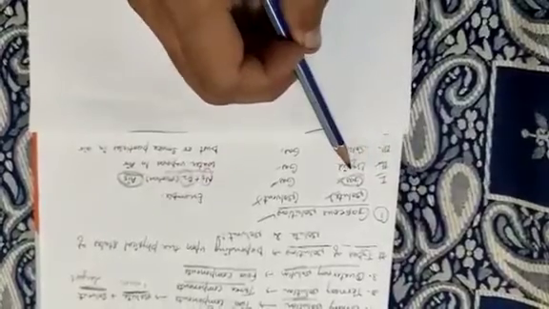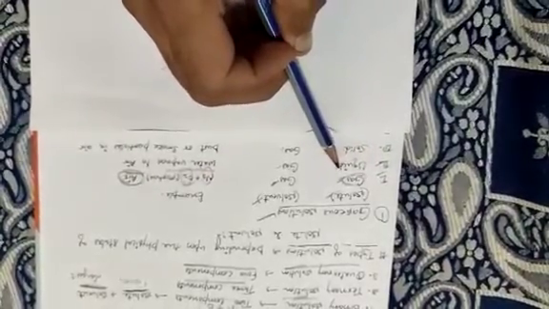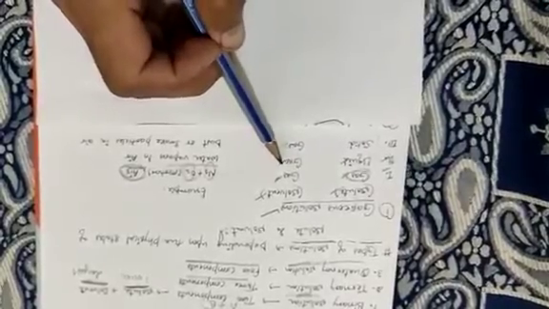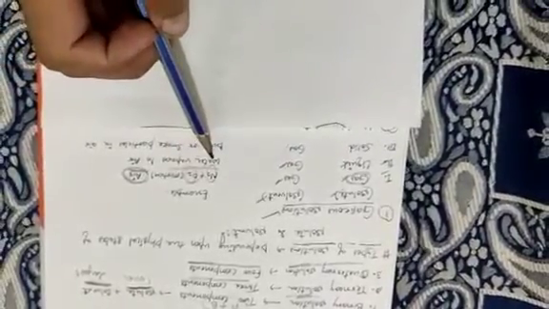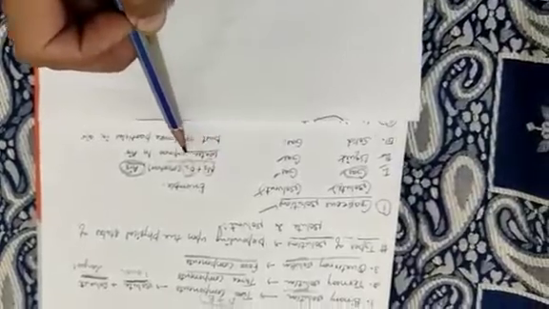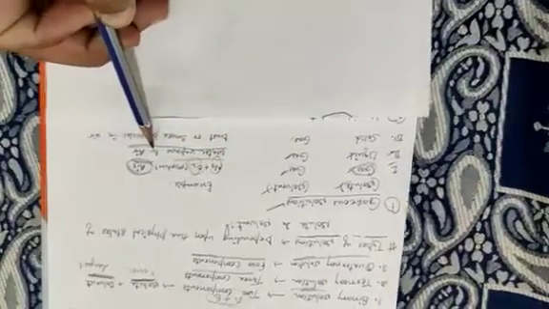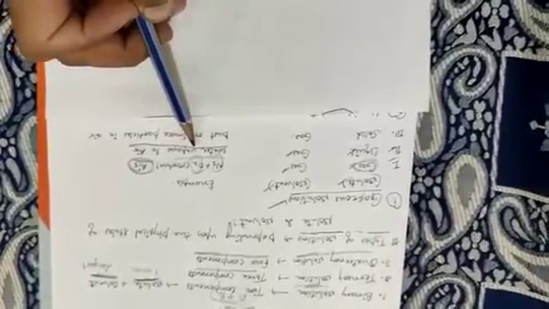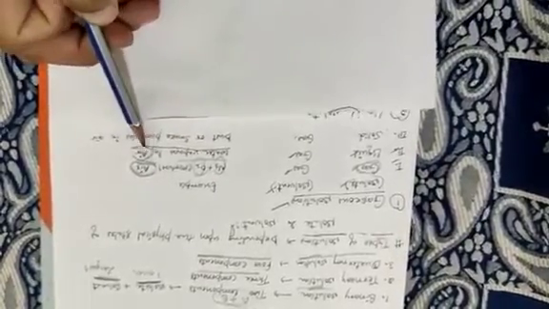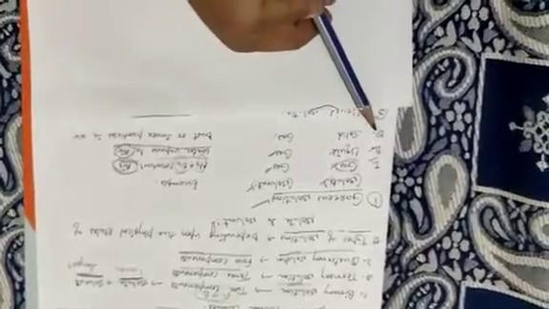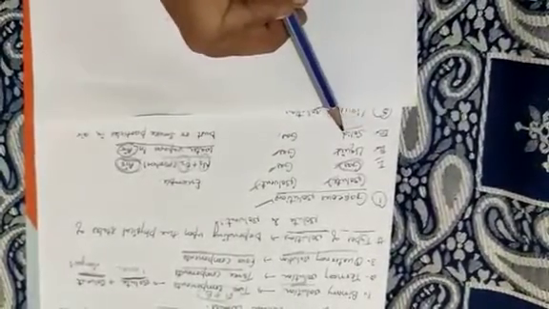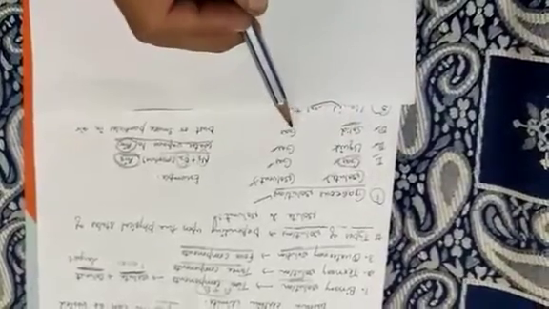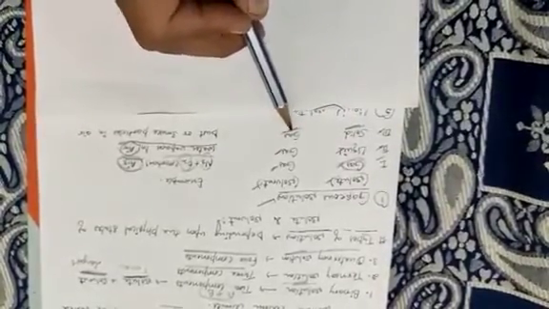The second one is when your solute is in liquid state but your solvent is in gaseous state. The best example is water vapors in the air. Water vapors are present in air; water vapors are in liquid state, but air is in gaseous state. The third one is when the solute is in solid state but the solvent is in gaseous state.